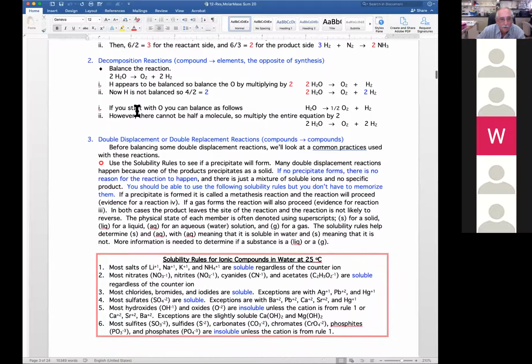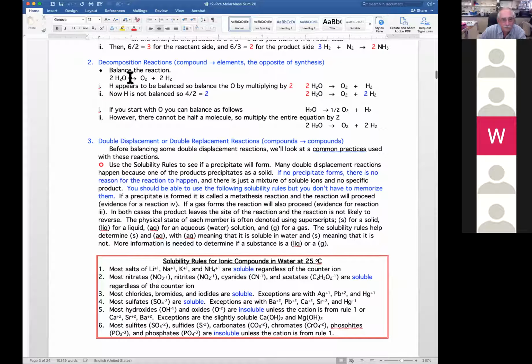With a decomposition, a compound is decomposing into its elements, it's also a redox reaction. So here, oxygen is a -2, here it's a 0. So what's happening to the oxygen? Going from a -2 to a 0, well, it's getting oxidized, right?